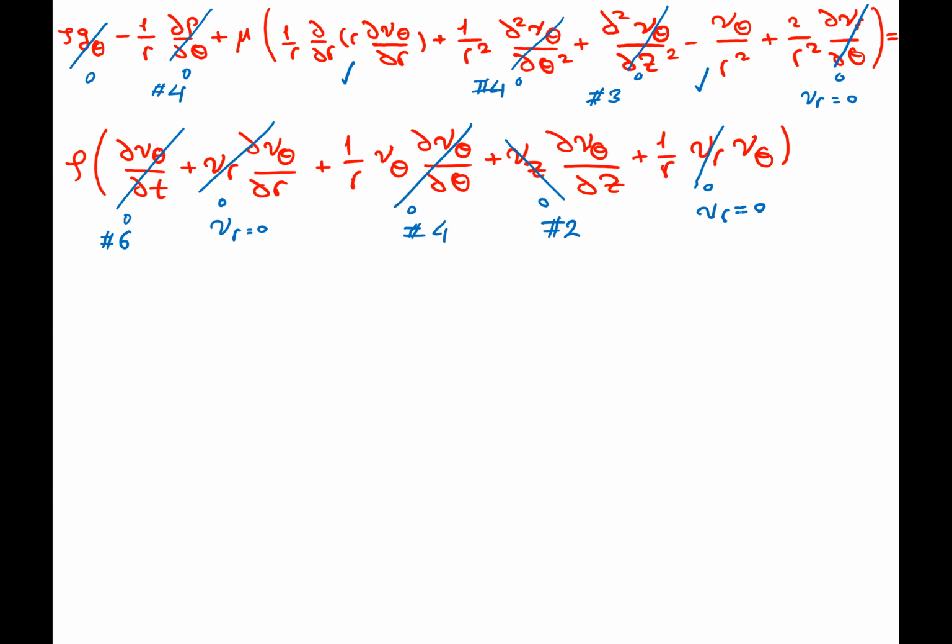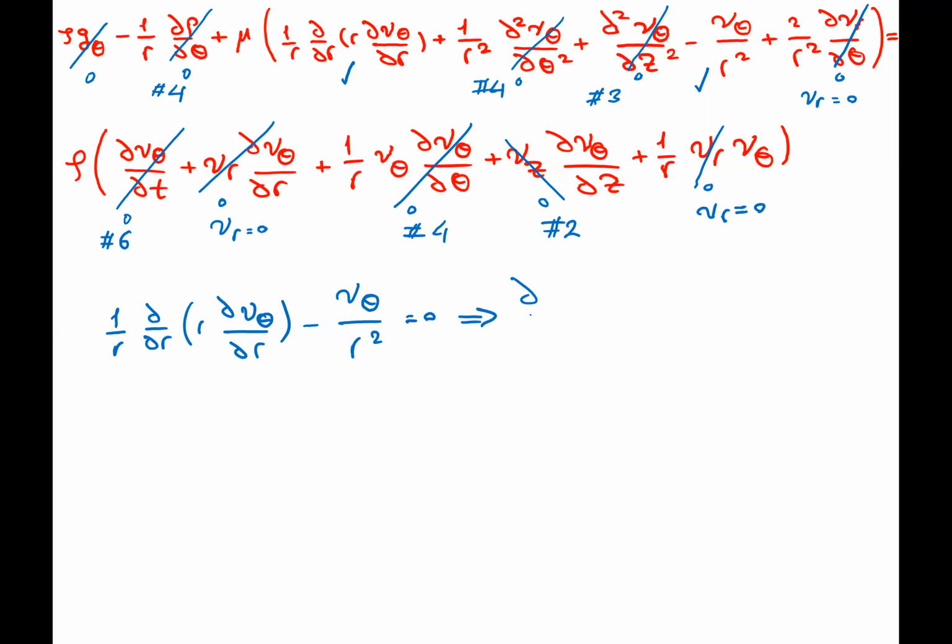So the remaining terms are 1 over r, the first derivative with respect to r of the first derivative of v theta with respect to r, plus, minus actually, v theta over r squared, equal to 0. So we have to solve this, okay? I can simplify this and write it as this.